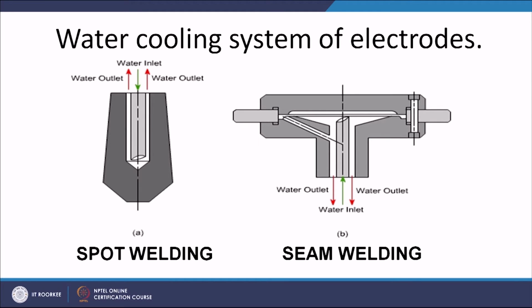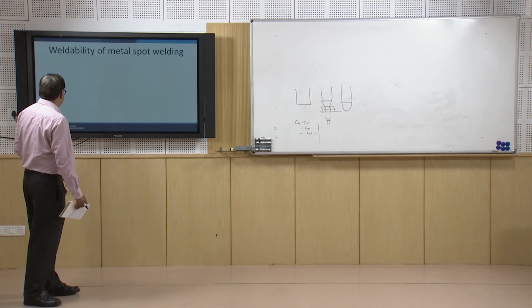That is why mostly the electrodes, despite being made of copper, which has very good thermal conductivity, need to be water cooled, so that the life of the electrode can be improved, and unnecessary damage to the electrode can be avoided.